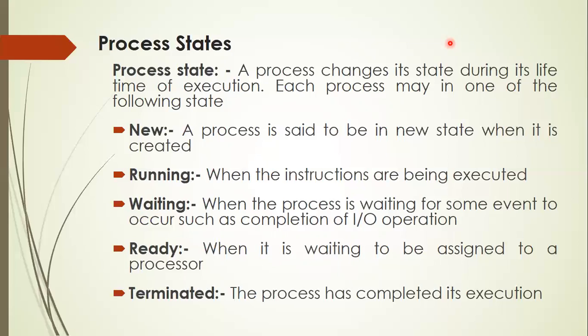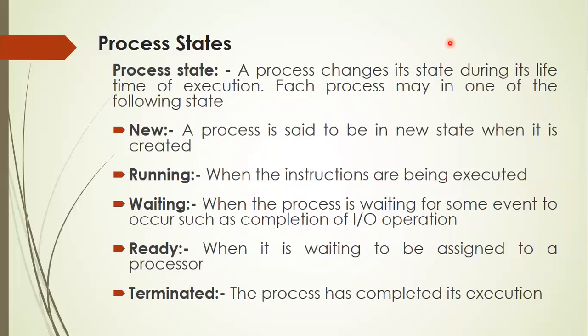Why does it go to the waiting state? Because whenever the process wants some IO operation, at that particular moment your IO device may not be free. So from the running state, the process moves to a waiting state. It waits till it completes its input-output operation.